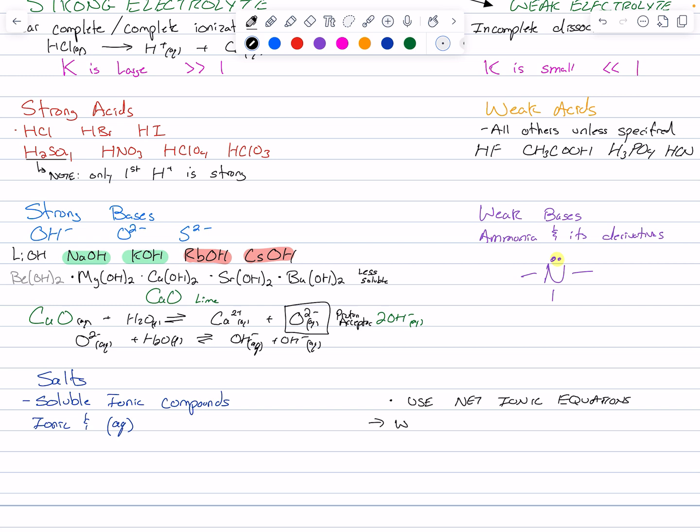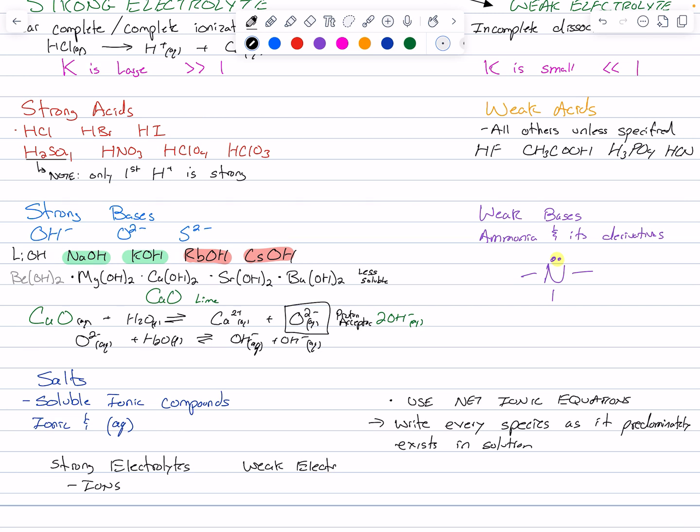And what we do is we write every species as it predominantly exists in solution. All right? What does that mean? So strong electrolytes. Those are ions. Weak electrolytes. Those are molecules.